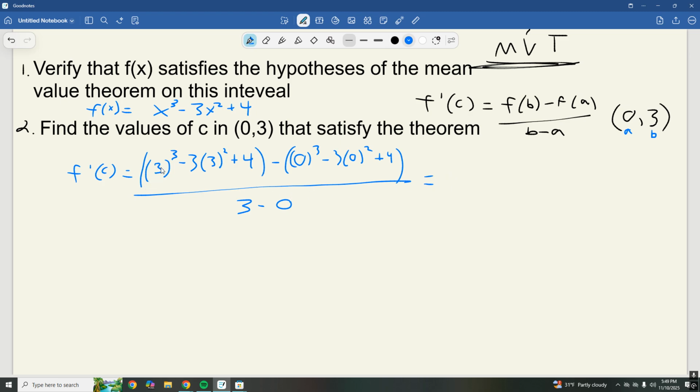So if we do this, this is going to be 27 minus 27 plus 4. 3 times 3 is 9, times 3 is 27.